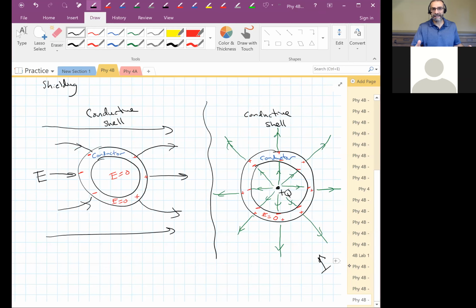It looks exactly the same as if there was no conductive shell there. So the conductive shell shields electric fields from getting inside the shell. Electric fields that are outside the shell are shielded. They can't get into the shell. But electric fields from inside can get out.